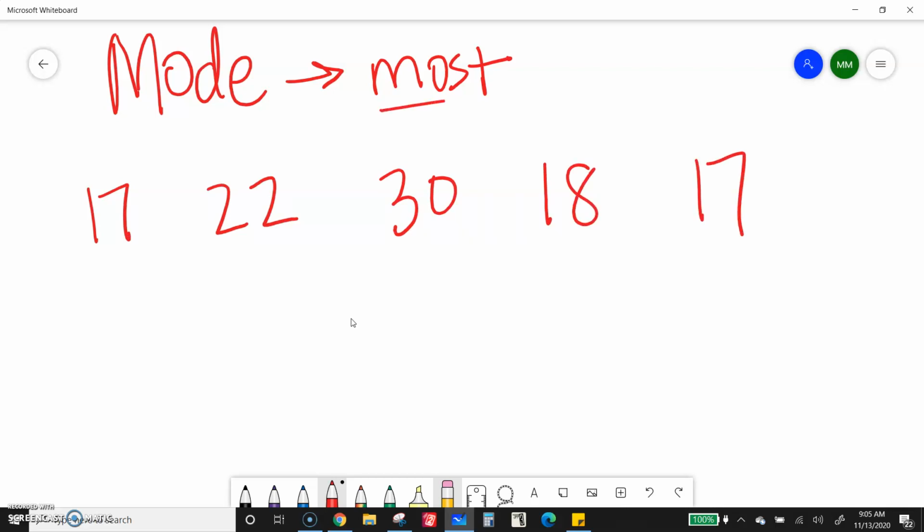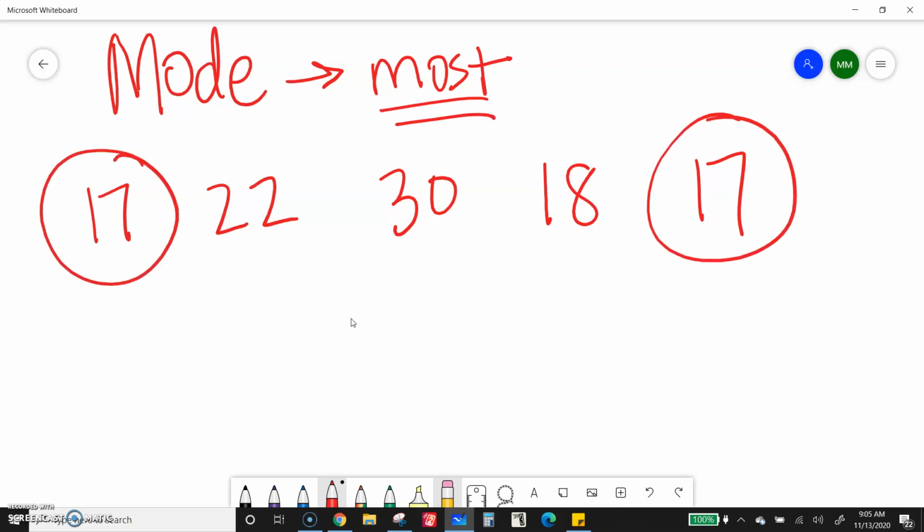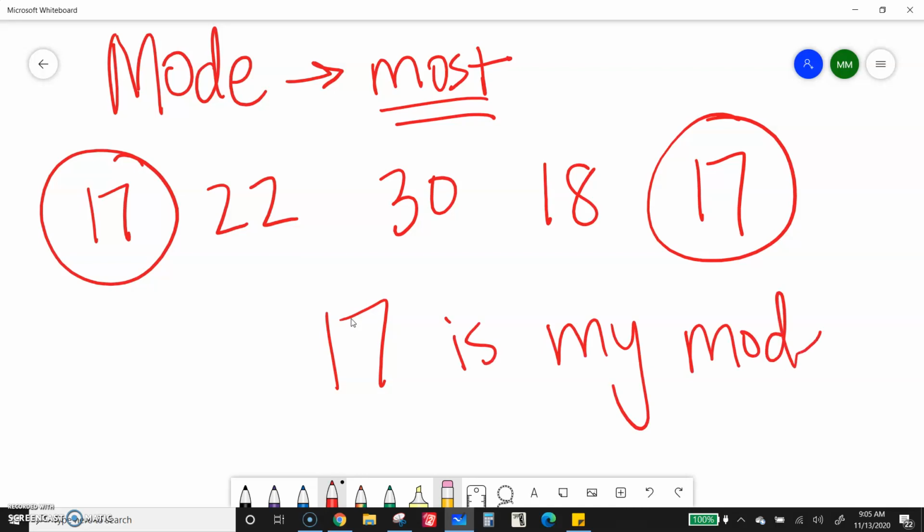Which number appears the most number of times? 17 appears twice, so 17 is my mode. Okay? It's not 30, which is the biggest number. It's the number that shows up the most number of times.